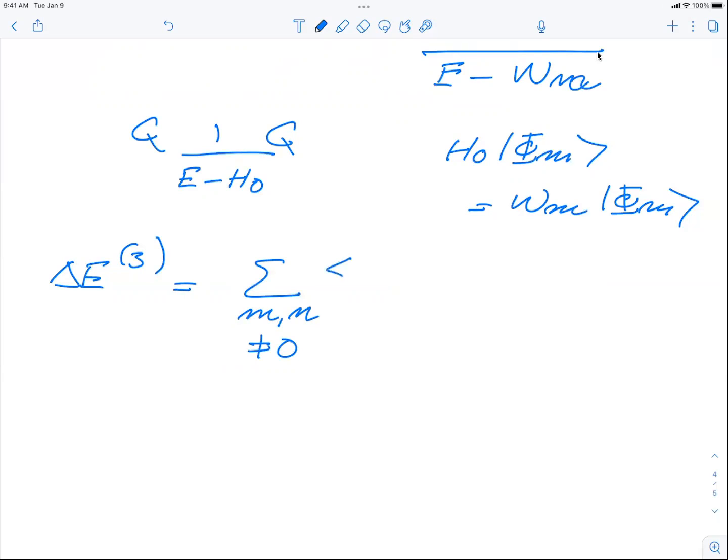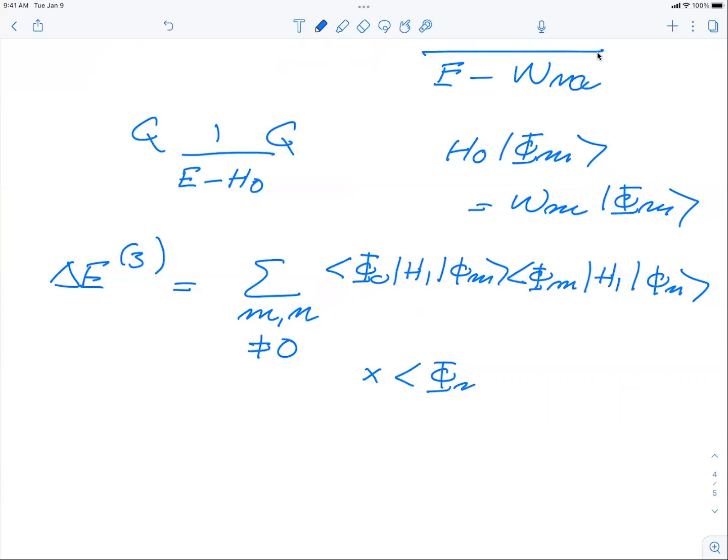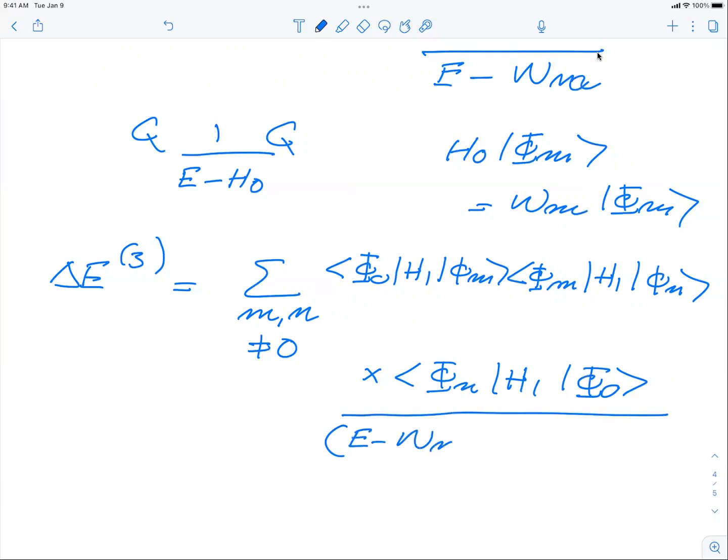And then we are going to have phi 0, H_I, phi_m, then phi_m H_I phi_n, and this is multiplied with phi_n H_I phi_0. And everything is divided by E minus W_m multiplied with E minus W_n. And then you see the pattern when you go to higher and higher order.